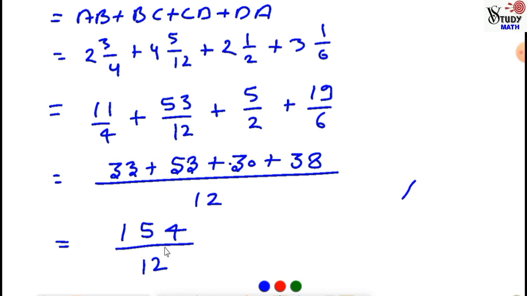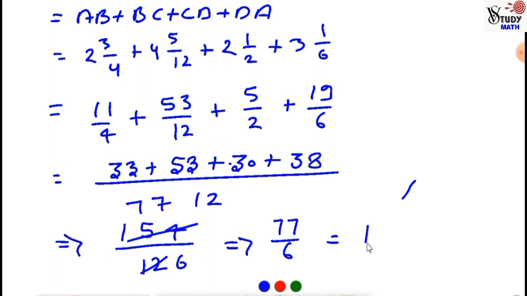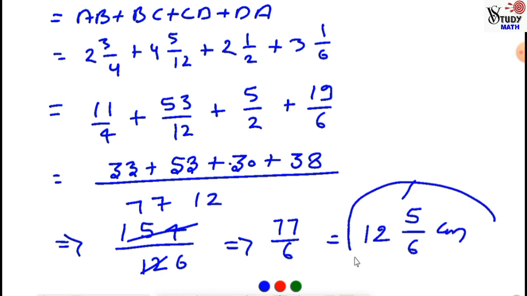Now cut this by 2, so we have 77 by 6. Or in mixed fraction, 6 1s are 6, 6 2s are 12, 5 is remainder, 6 is here, centimeter. So this is the perimeter of the given quadrilateral.